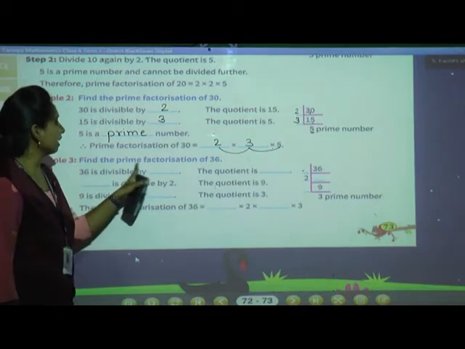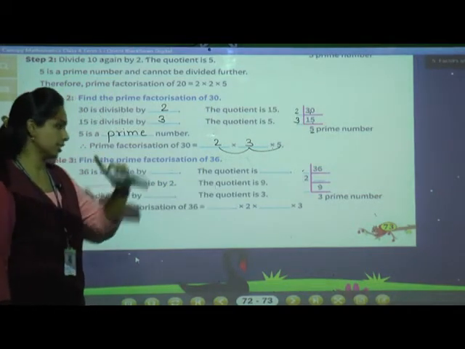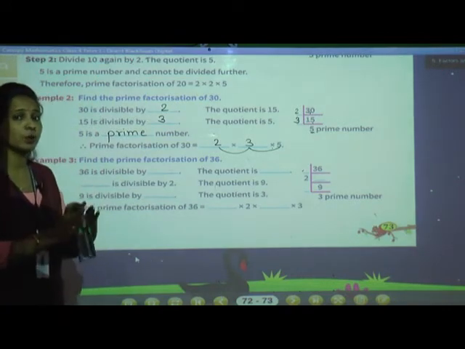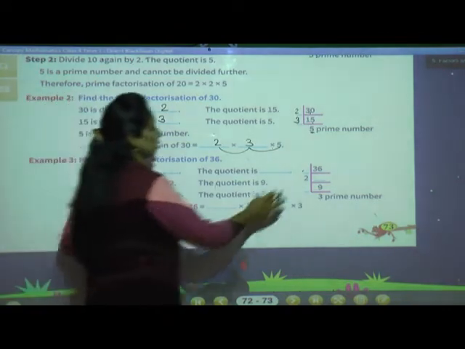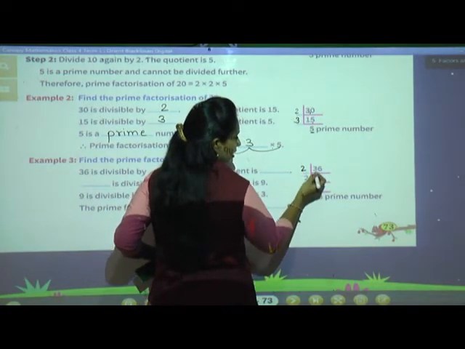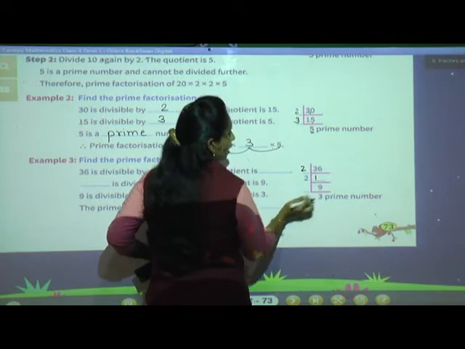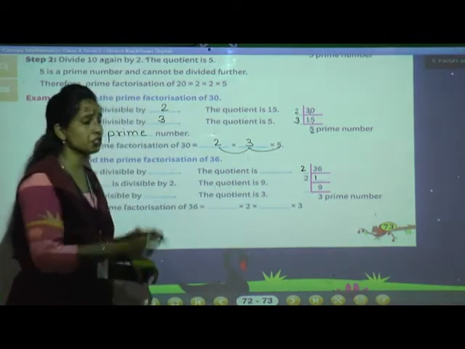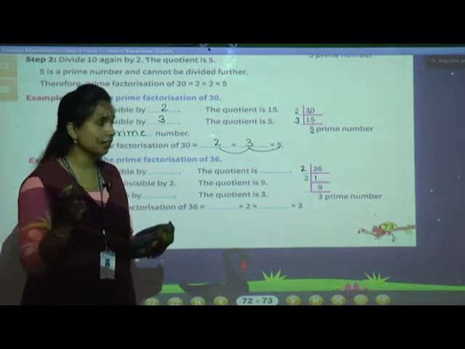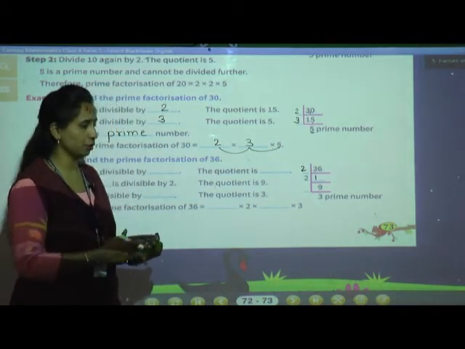Third one: find the prime factorization of 36. Now 36 is divisible by, start with the lowest prime number, that is 2. 2 1s are 2. See, I am doing it directly here. You have to imagine that you are doing the division here, because you studied division in 3rd standard and in 4th standard I also taught you in detail.